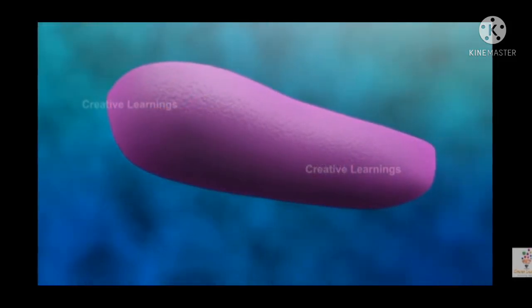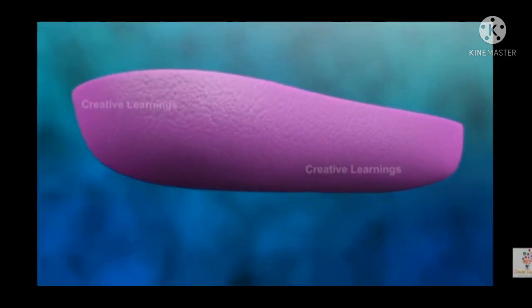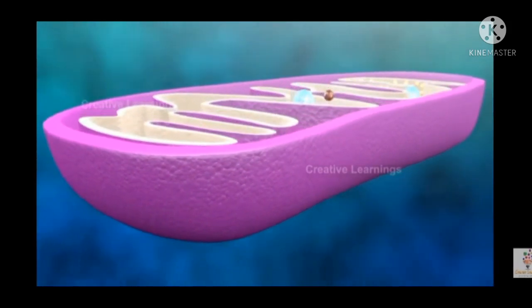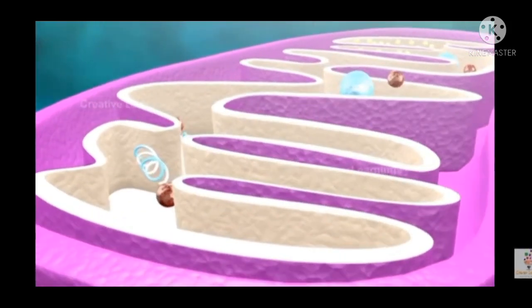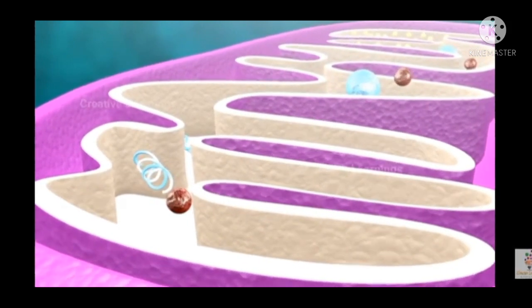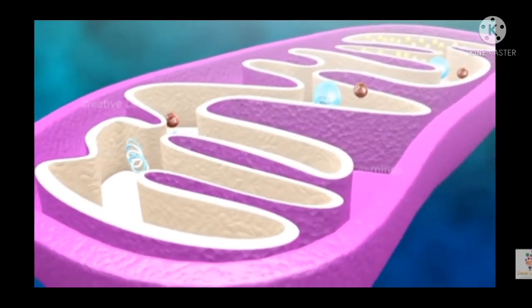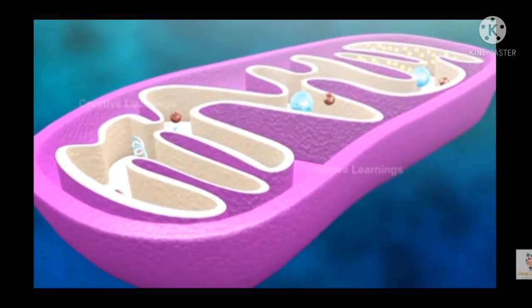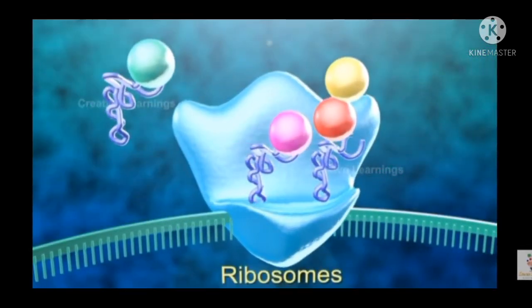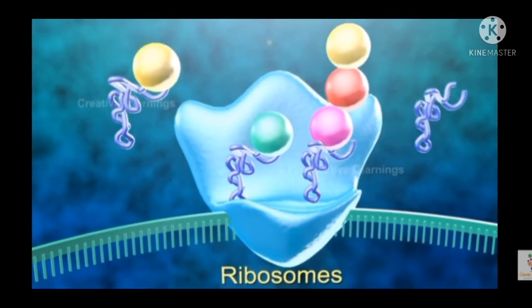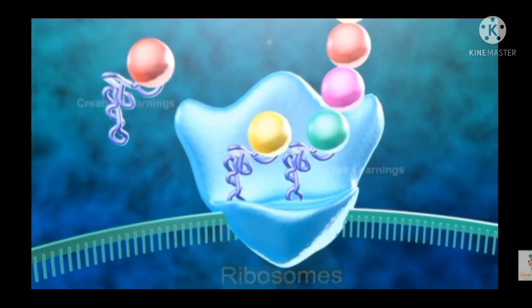Cells contain a number of small double membrane bound organelles called mitochondria. They are the powerhouses of the cell and carry out cellular respiration and generate ATP, which is the energy currency of the cell. Next, ribosomes, small globules found inside the cell.